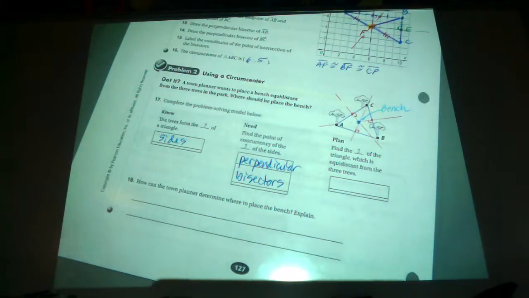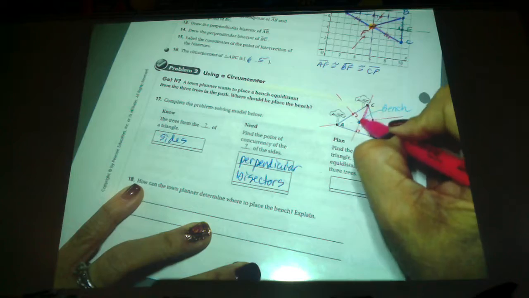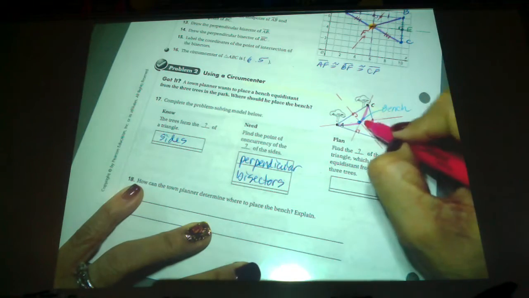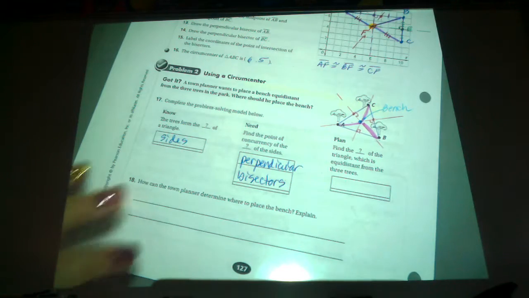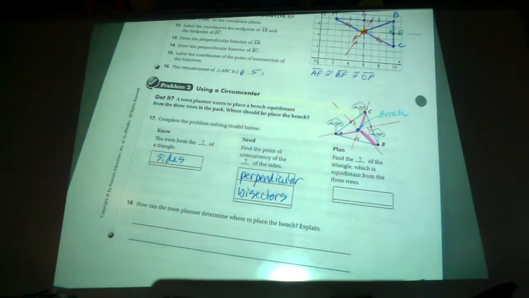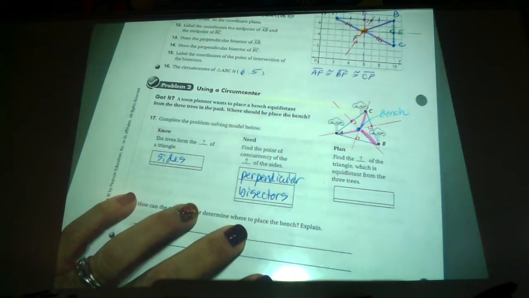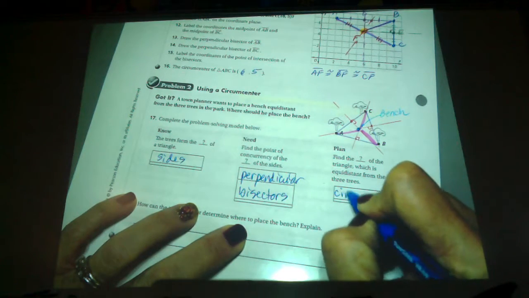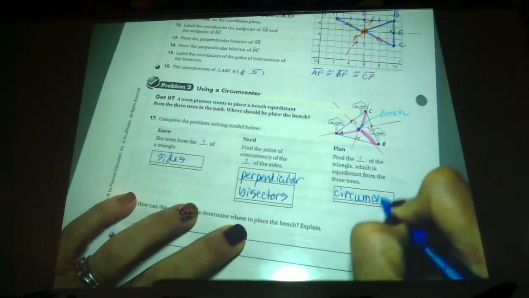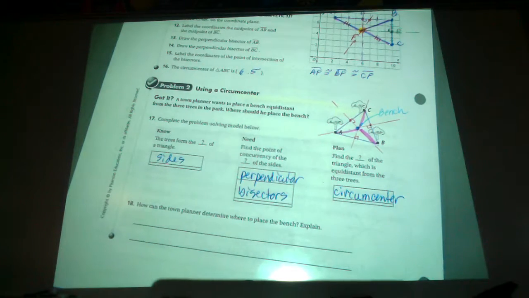Because the distance from this tree to the bench, from this tree to the bench, and from this tree to the bench, if I drew my perpendicular bisectors correctly, would be equal distances. And so this part is asking for you to find the circumcenter of the triangle.